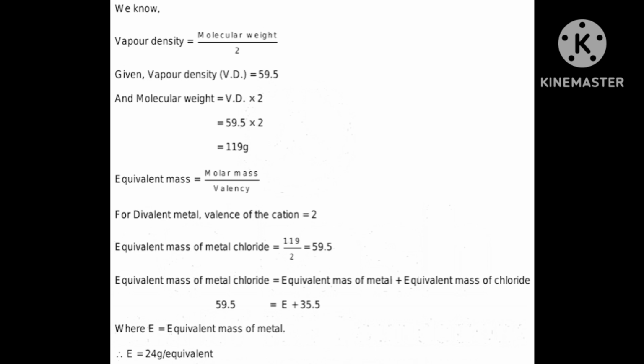Writing the valency as x, then E into x plus x into 35.5.